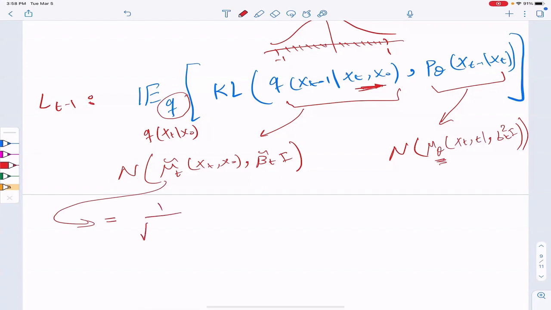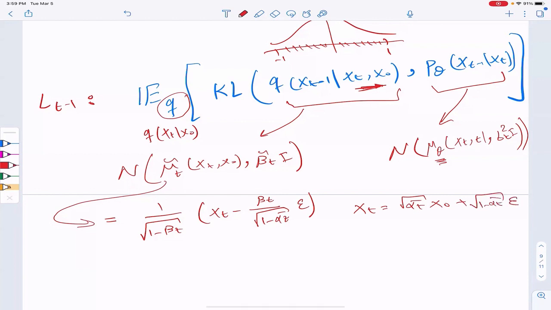Mu tilde was equal to 1 over square root of 1 minus beta t times xt minus beta t over square root of 1 minus alpha t bar times epsilon, where epsilon is defined as follows. xt, I know I can write it as square root of alpha t bar times x0 plus square root of 1 minus alpha t bar times epsilon. So this is the equation that we had last time.